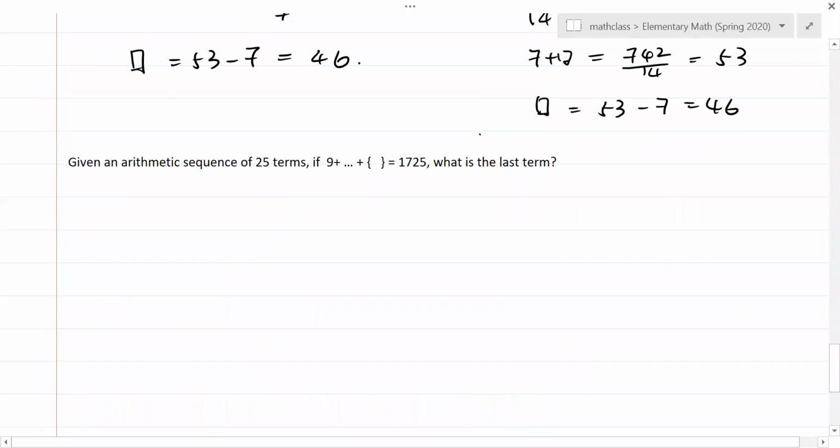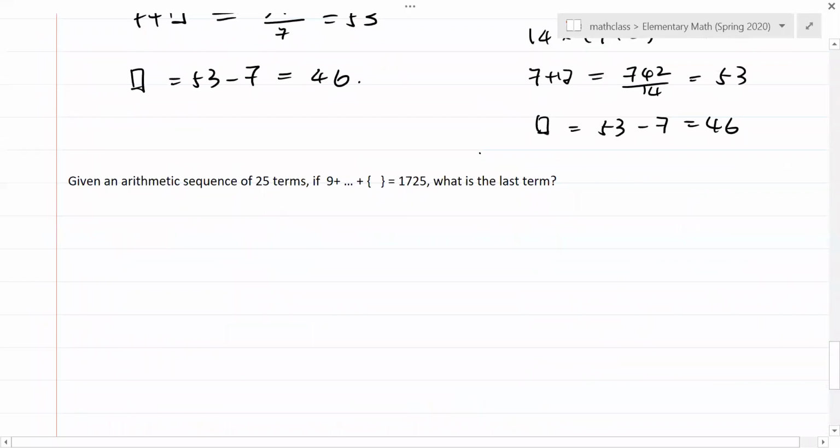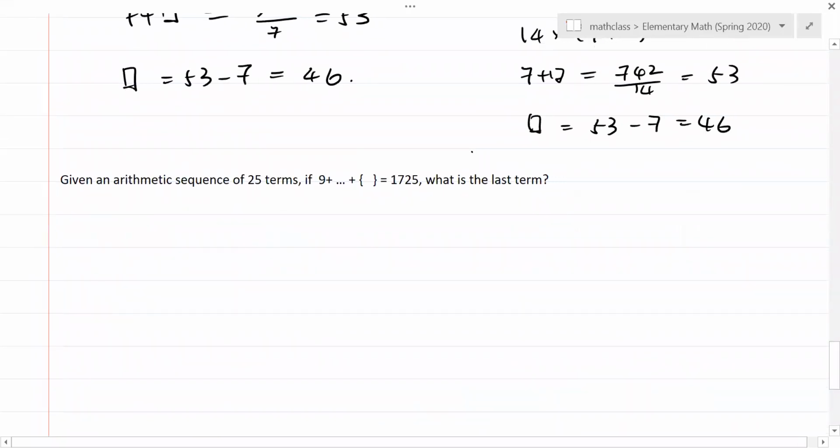So next one, given an arithmetic sequence of 25 terms, if we add the 25 terms here, what I'm going to find is the last term, and also what number is added to the previous term to get the next one. So-called arithmetic sequence.